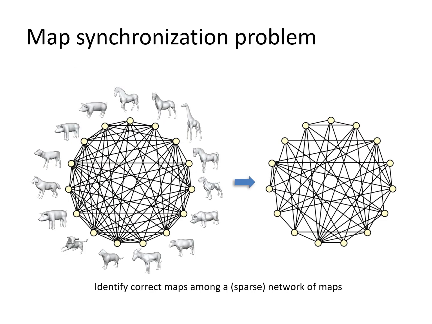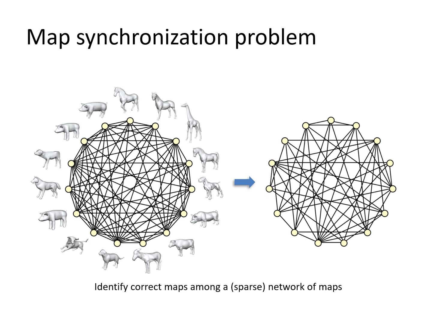And this really introduces the map synchronization problem. Namely, we have a network of objects where the nodes are objects and the edges are maps computed between pairs of objects in isolation using an existing algorithm. Our goal is to identify the good maps. Suppose we can do this, then we can use the propagation idea to get good maps between all pairs of objects.